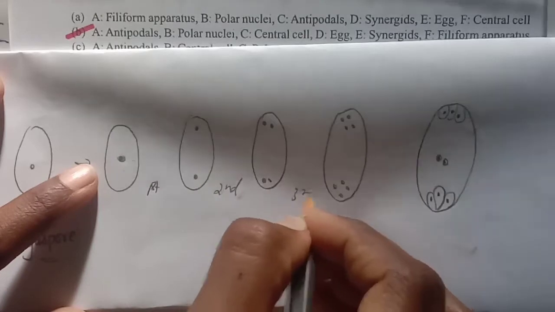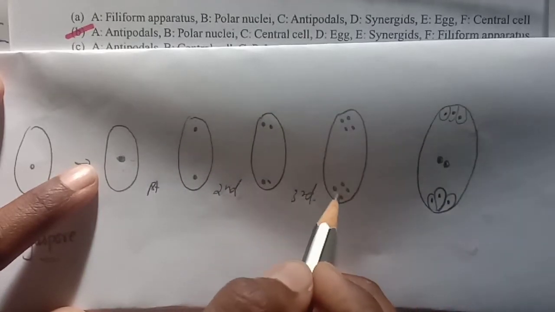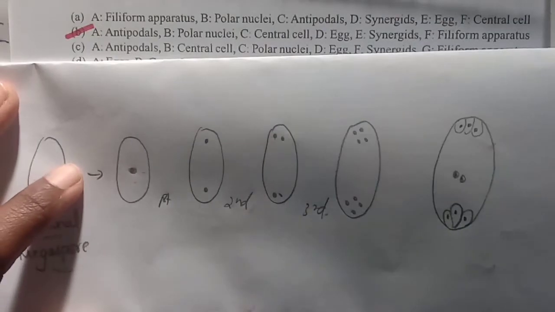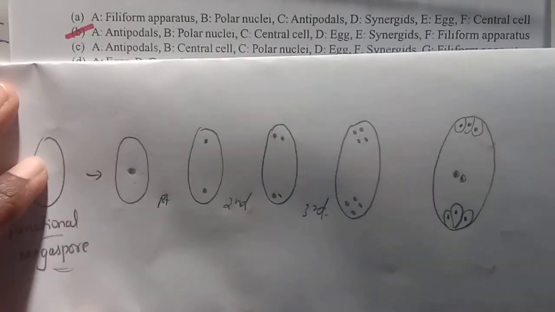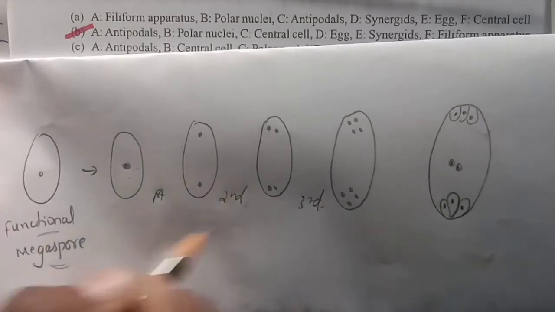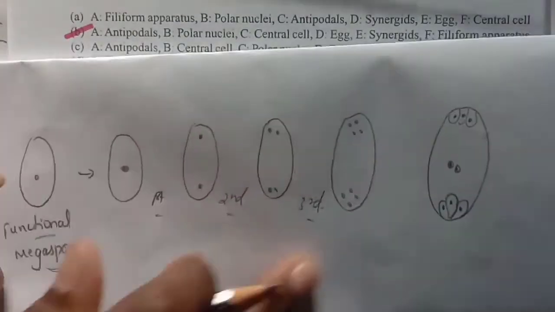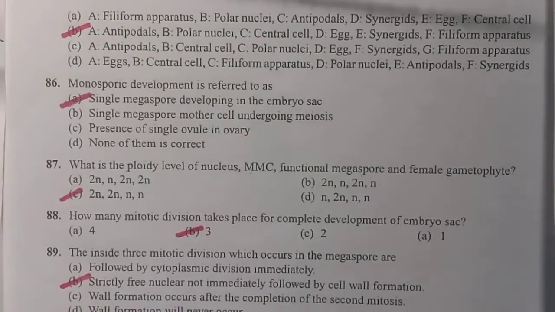Again it undergoes third mitotic division resulting in the formation of 8 nucleate embryo sac. But here you should remember one thing, these divisions are mitotic divisions but only free nuclear divisions, which means the nuclear divisions are not immediately followed by cell wall formation, only the free nuclear condition can be observed. So here 3 mitotic divisions result in the formation of embryo sac.